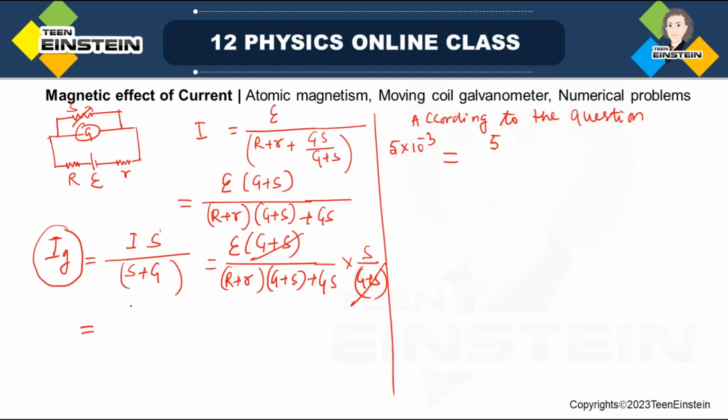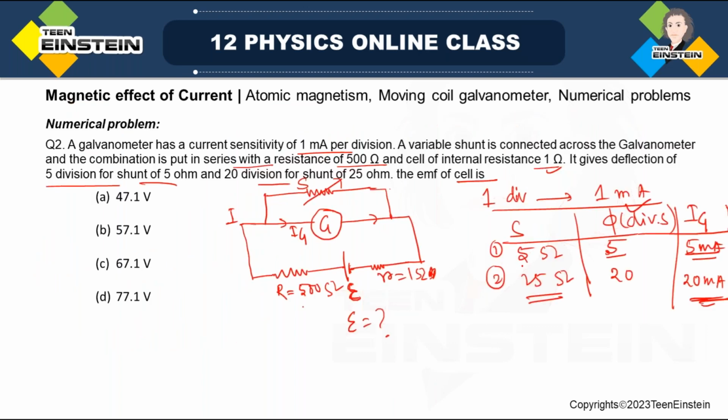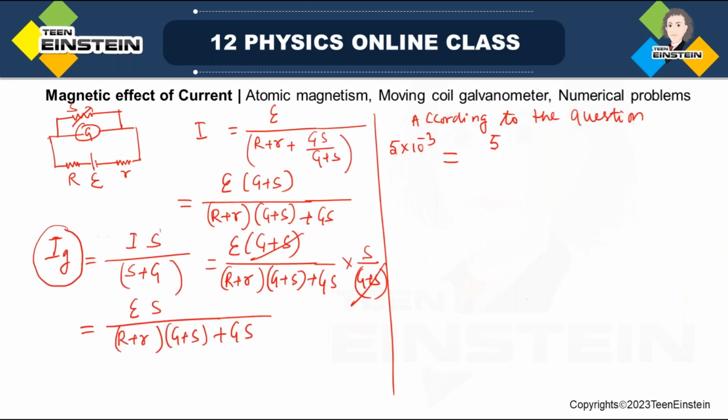So Ig, the galvanometer current, is expressed now in terms of the given parameters, plus GS.